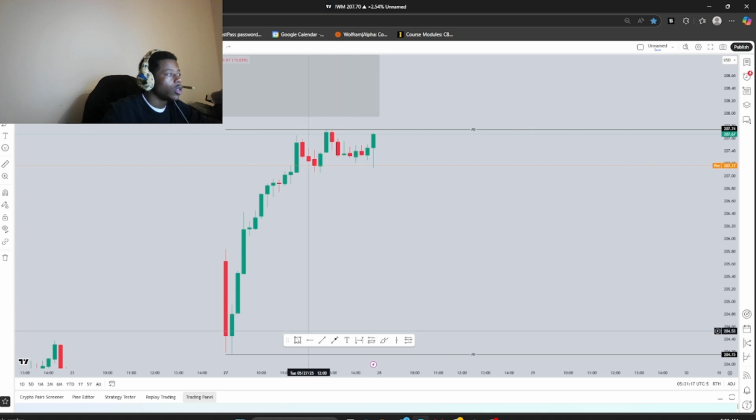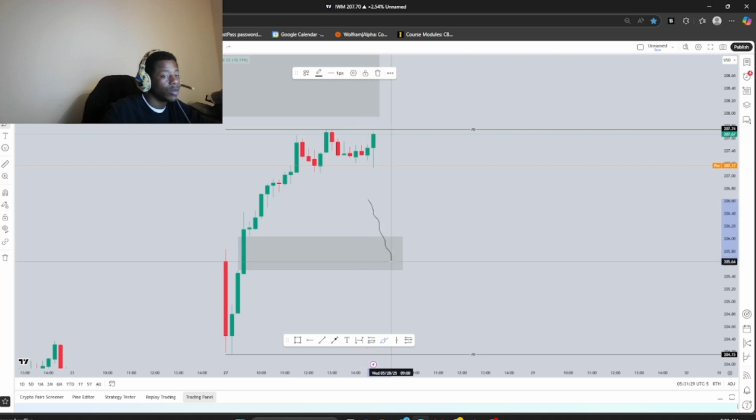Okay. So what I'm looking for this morning is that we have an imbalance here. And all I'm doing is drawing imbalances because price can trade into these imbalances, as we said yesterday, and have a reaction. And this is where we anticipate the low and take our trade. We're not necessarily targeting all the way up here. These are simply magnets for our trade.